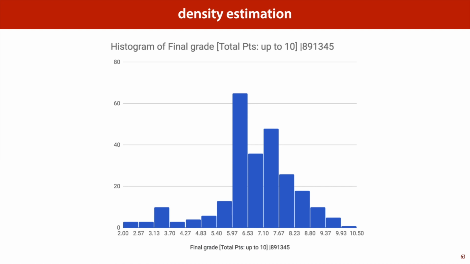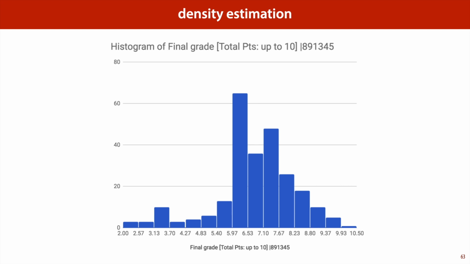For instance, here are the grades from the course as taught in 2017, represented as a histogram. And if you know a little bit of statistics, then you can easily fit a normal distribution to this. And that normal distribution is essentially a density estimator, because it gives us, for every point in this one-dimensional feature space, it tells us how likely we are to see one of these grades fall in that area of feature space.